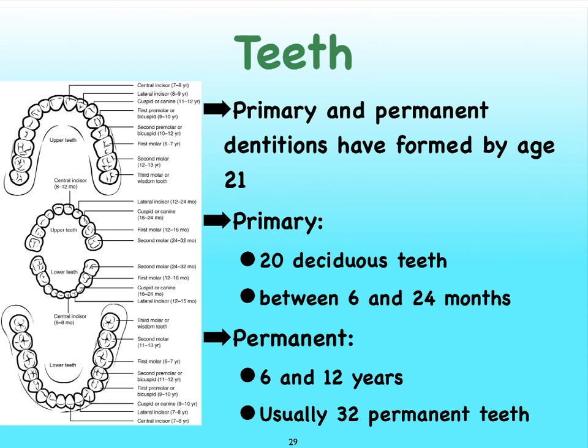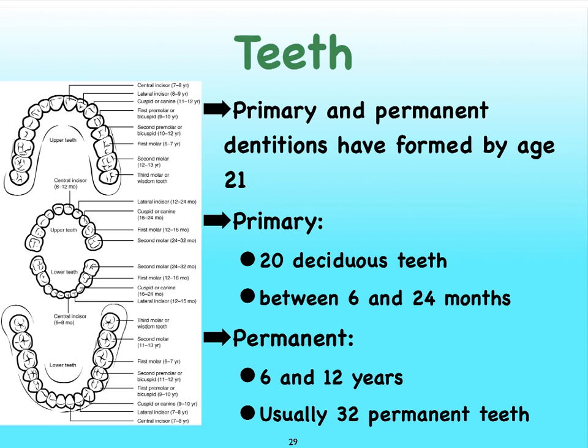So just a few more things about teeth. Remember, we have our permanent teeth, but we also have teeth when we're still kids called the primary teeth. Supposedly, on average, all of our teeth have finished forming by the age of 21.